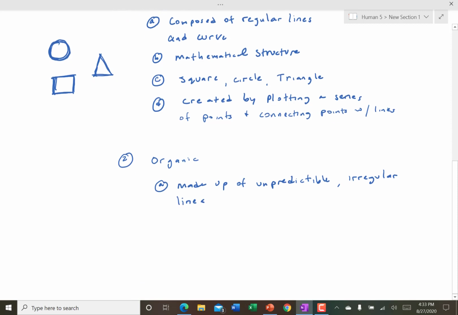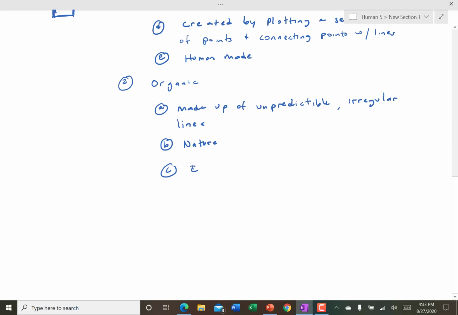And the organic, irregular lines tend to be connected to nature, right? This tends to be the human-made, nature with the structure of organic; the natural world tends to get connected with that. So a shape like organic shape, say examples, right?